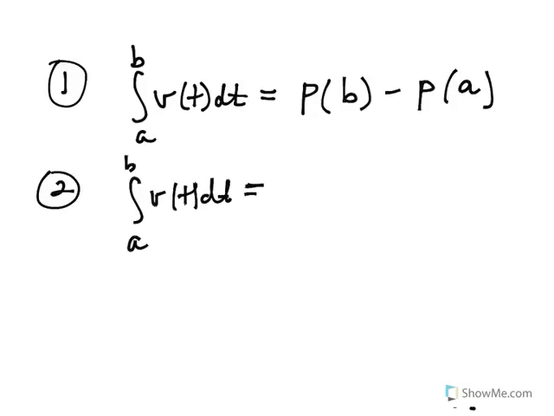And remember that velocity is always positive. If the velocity is always positive, v of t is greater than 0 on that interval, then you can also say that it's not just the net distance, but it's actually the total distance. But let me just write down, it's the net distance.